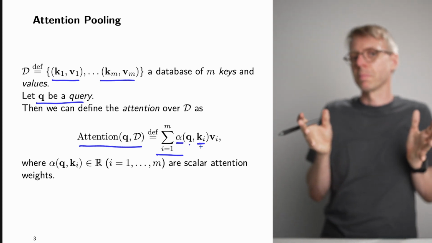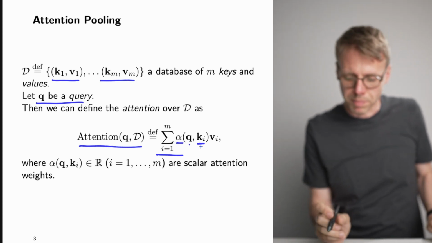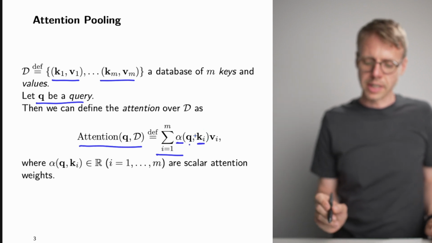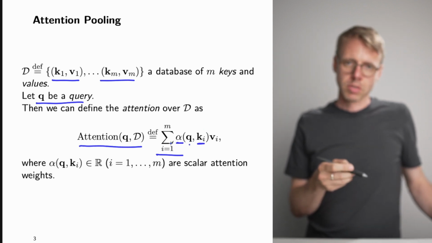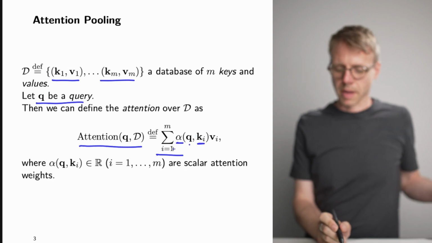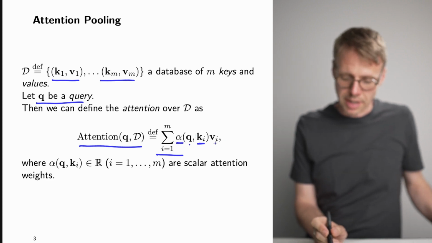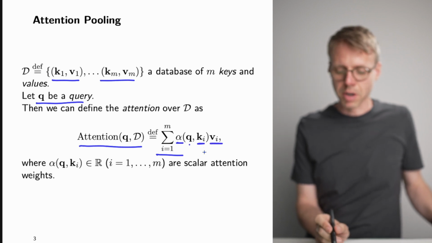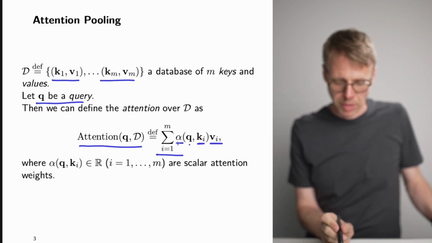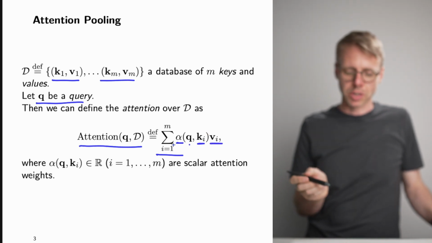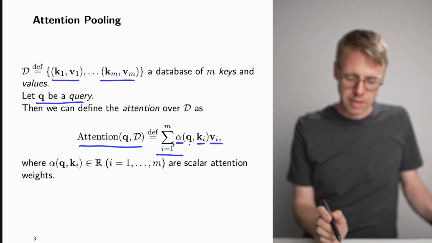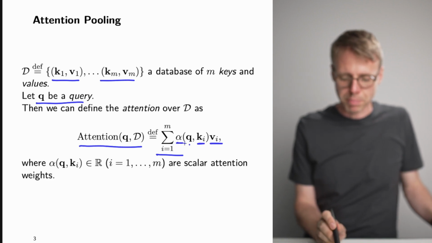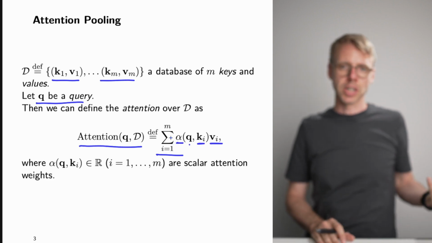So it basically performs some form of query to the keys, and this creates some value alpha and applies it then to the values. And as we see, the values are multiplied by the result of this function alpha. So we're basically building a weighted sum over all the values based on this function alpha.